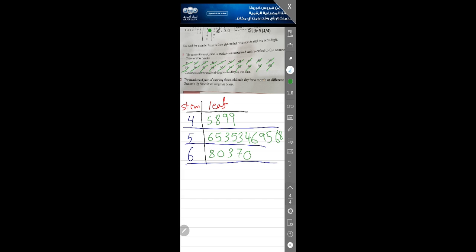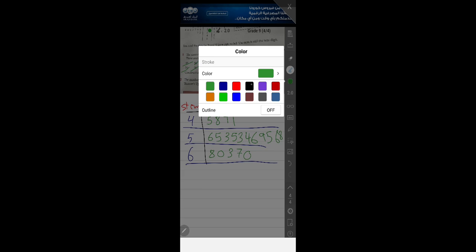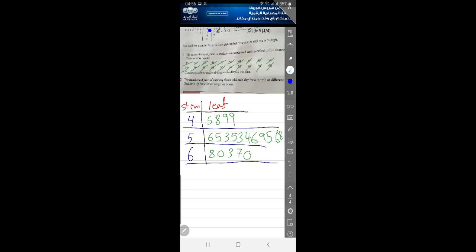So this is our stem and leaf diagram. If we want to make it a little bit better, I will order it. Stems 4, 5, 6. Then I will write here. This is in order already: 9, 9. This one here, what's the first one? 3, 3, 3, 3. Then 4.